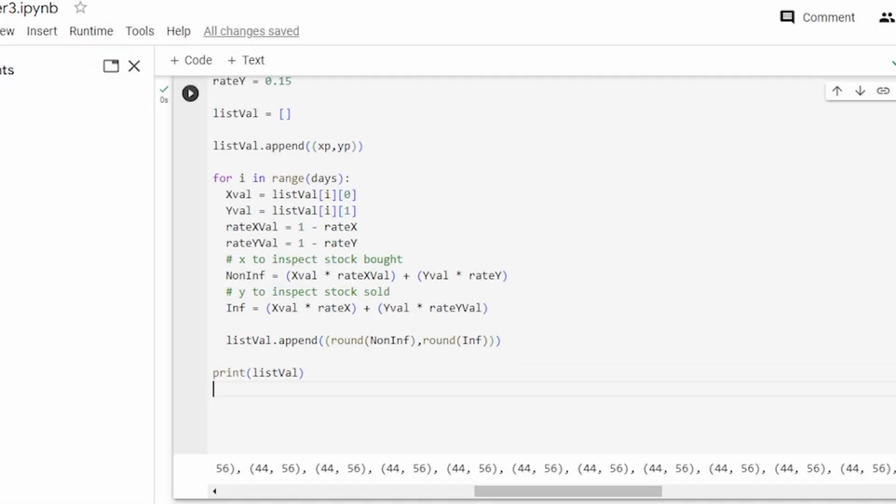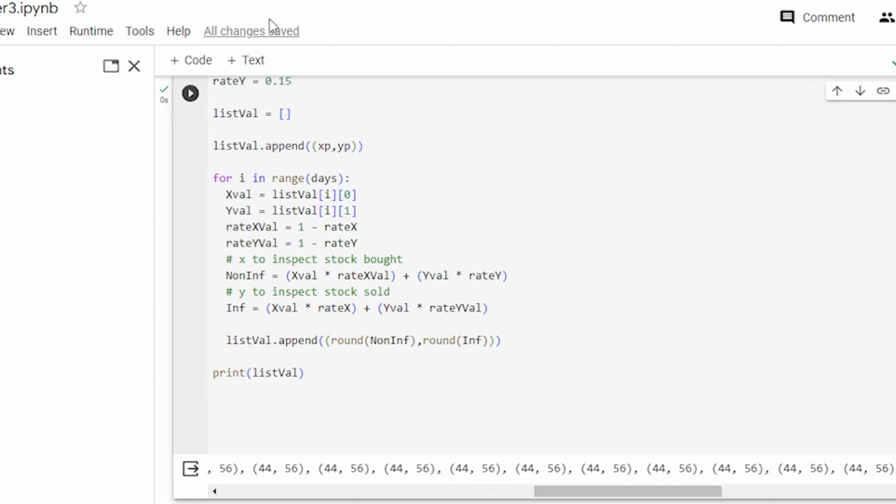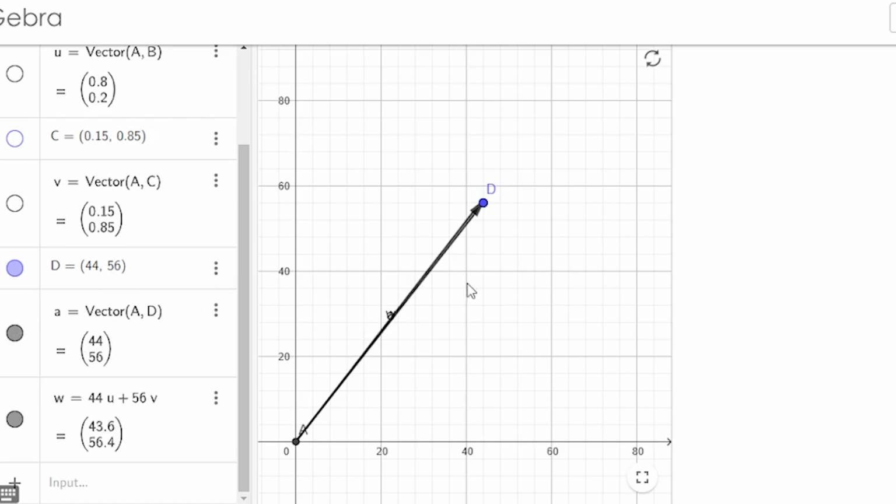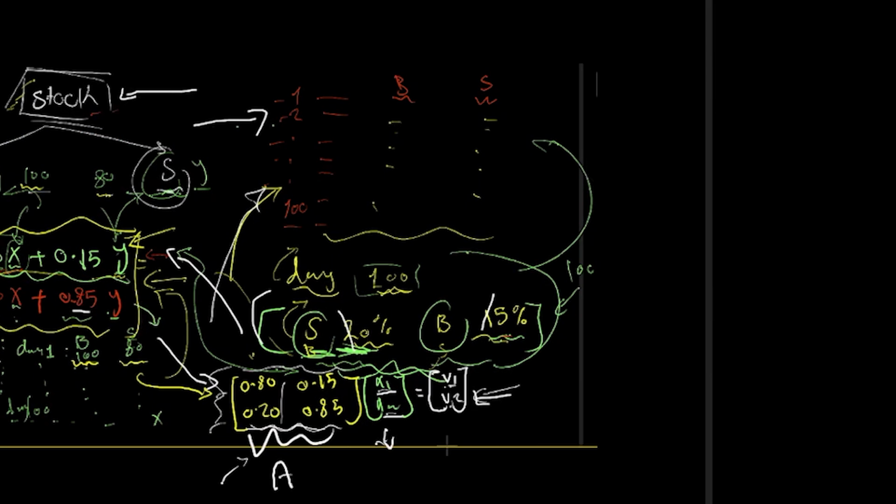In fact, if we take the value that we have seen here, 44 and 56, where the system has settled at these two values, and actually substitute them here, you can see quite clearly that starting from a vector of 50-50, it ended up at this particular value, a vector W. Now, mathematically, it means this essential matrix A on day 1, and we assume the opening of our entire operation was with 50 and 50, like a portfolio of a total sum of 100.